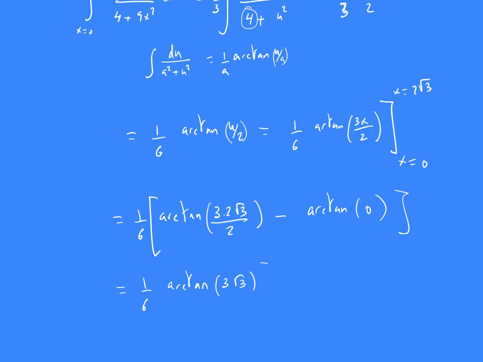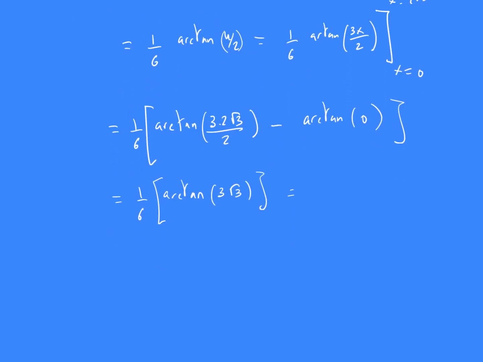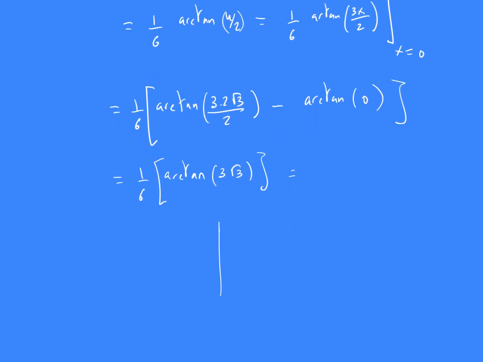Who is this arctangent? The tangent goes from minus pi divided by 2 to pi divided by 2.